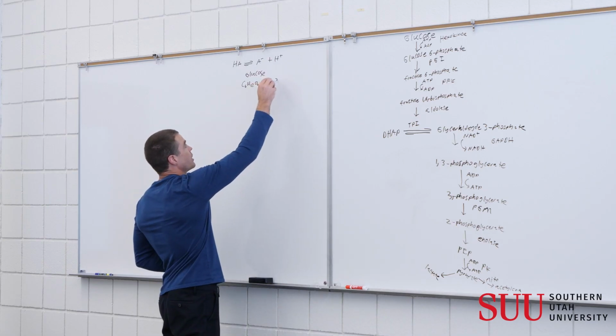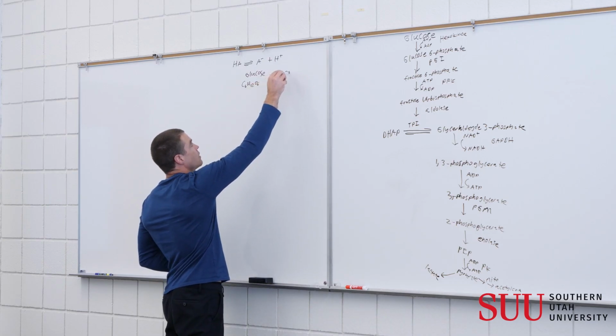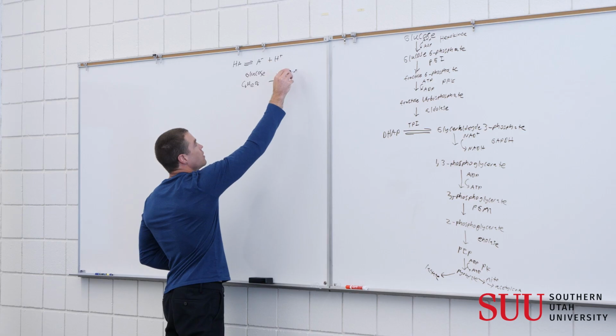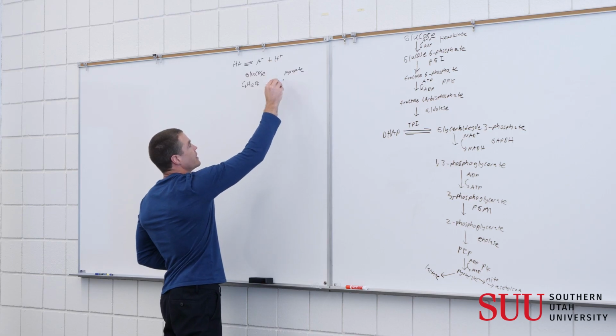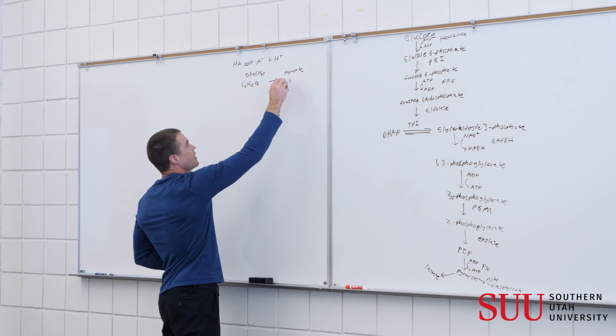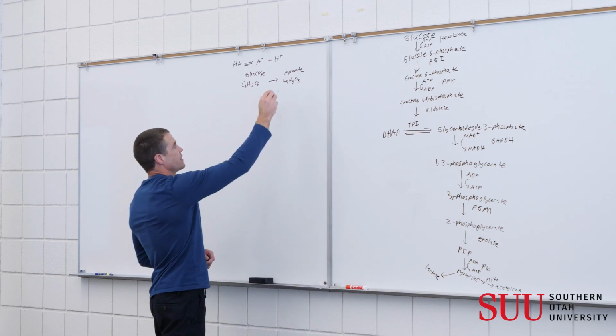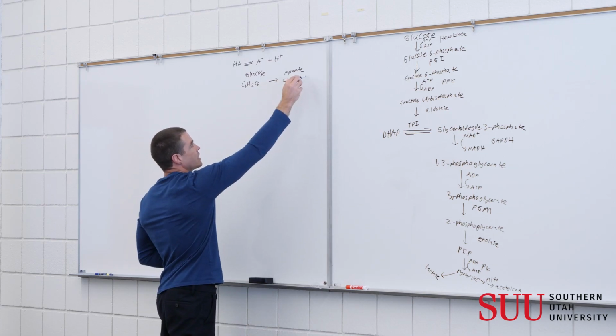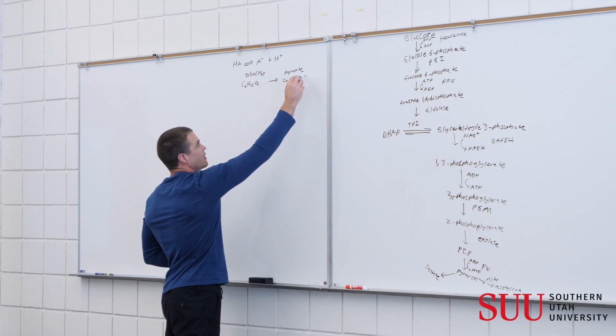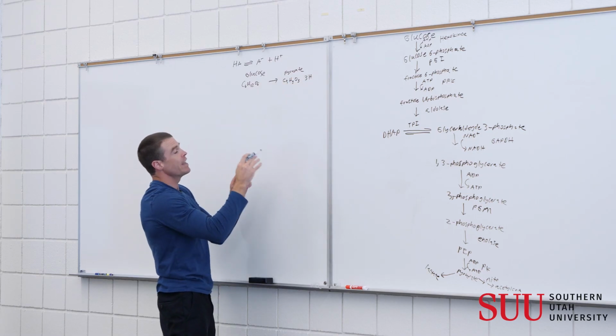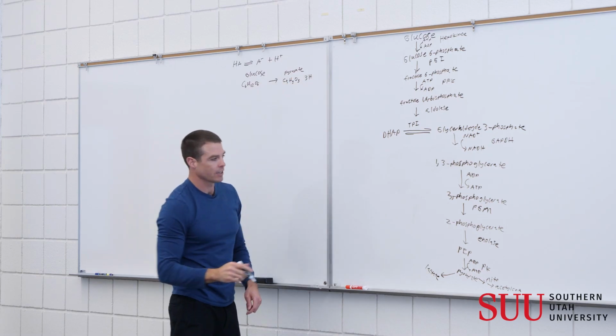So you end up getting pyruvate, C3H3O3. This accounts for 3 hydrogens. Now remember, there's 2 pyruvates, okay?